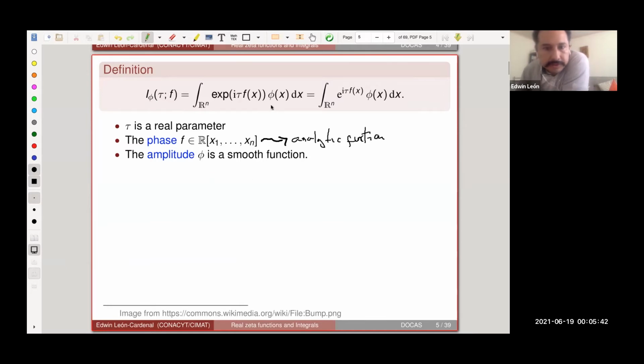And the other function, phi, is called the amplitude, and it may be a smooth function, but most of the times it is a smooth function with compact support, something that we denote right here.